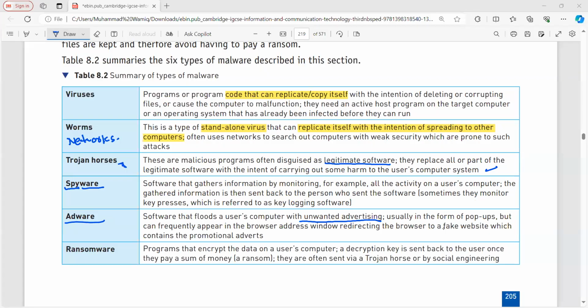The last one is ransomware. In ransomware, it encrypts all of your data into a specific file format, and to gain your data back, they ask you for a ransom, or some money.